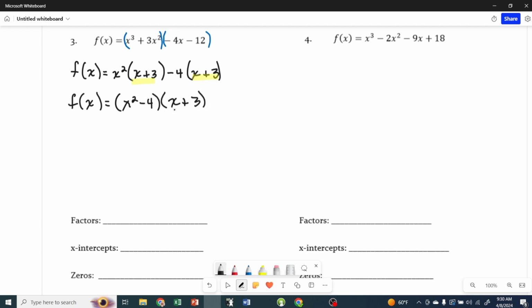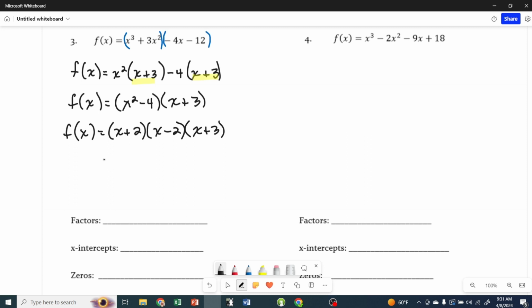And look at what we have here. We have a difference of 2 squares. And those are easy to factor, all right, because those are both perfect squares. So this is going to be x plus 2, x minus 2, x plus 3.